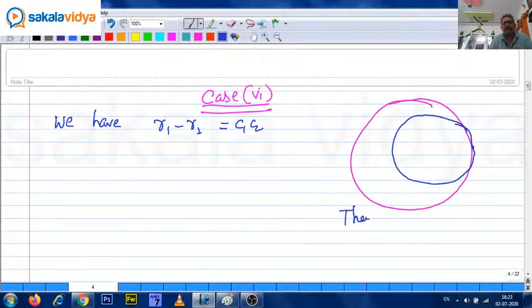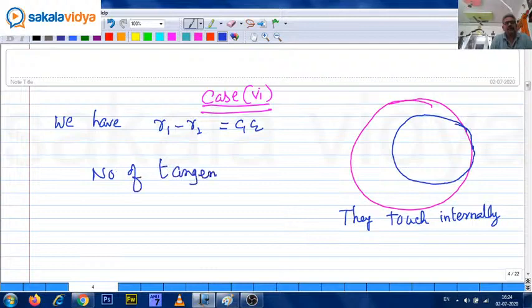Then they touch internally. So the number of tangents is only one tangent can be drawn. Only one tangent. So the number of tangents is 1. Okay, these cases will arise.